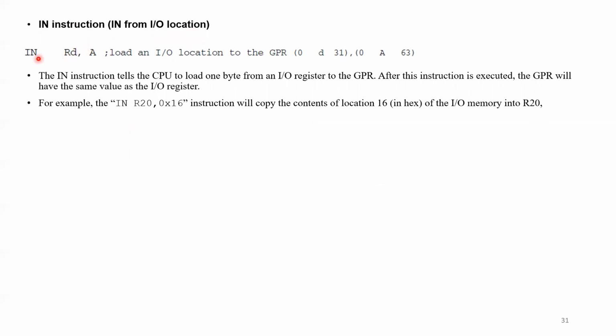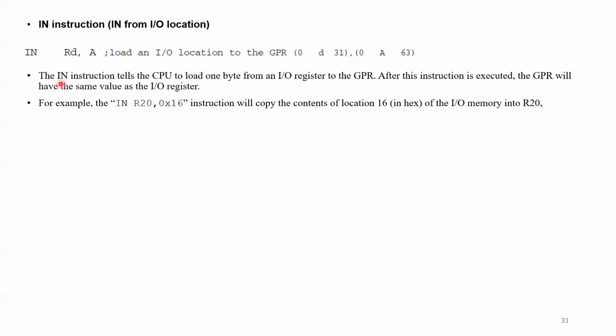The syntax of this instruction is IN Rd, A, which means load an input-output location to the general purpose register, where Rd of our register can vary from 0 to 31, so any one of the registers, and A is our memory location of the input-output area. You know, the input-output area in AVR is 64 bytes in size, so it goes from 0 to 63. So this is for all of our memory locations.